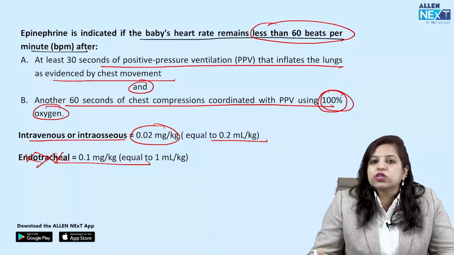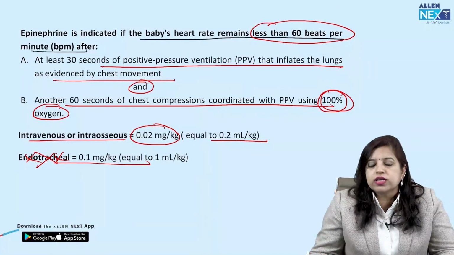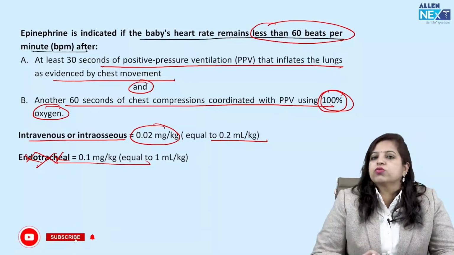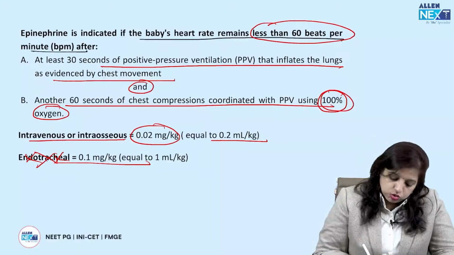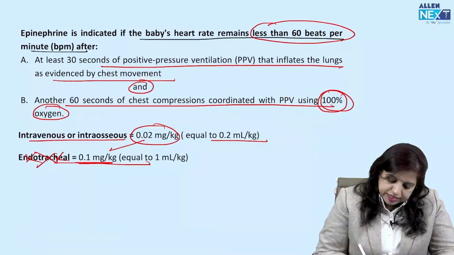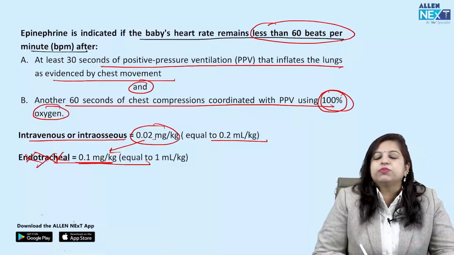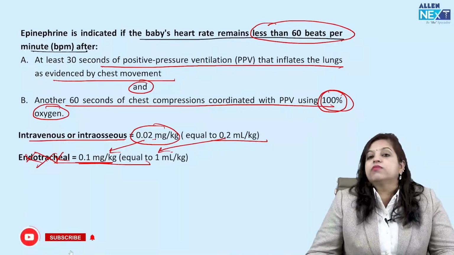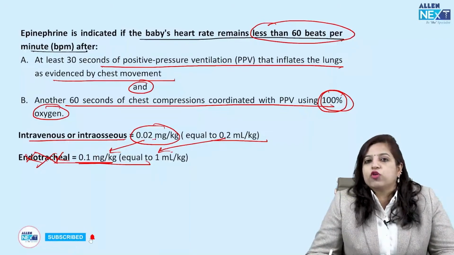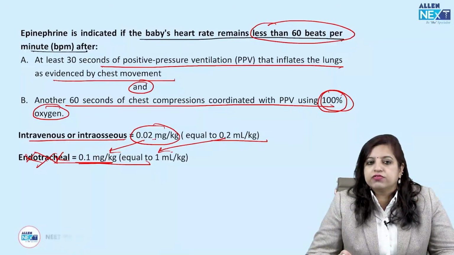Remember, the first option preferred is IV, second is IO, that is intraosseous, and the endotracheal route is the last route because there is very erratic absorption over here. So the dose is almost 10 times the dose. So 0.02 mg per kg becomes 0.1 mg per kg, and 0.2 ml per kg will become 1 ml per kg. So this is what you have to remember, the dose of epinephrine, right?